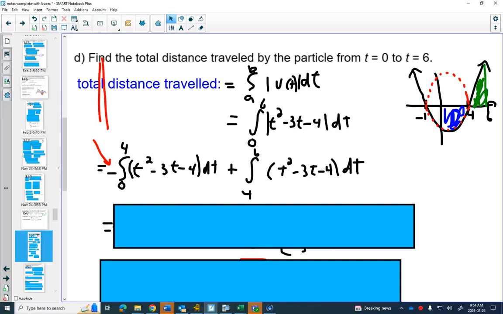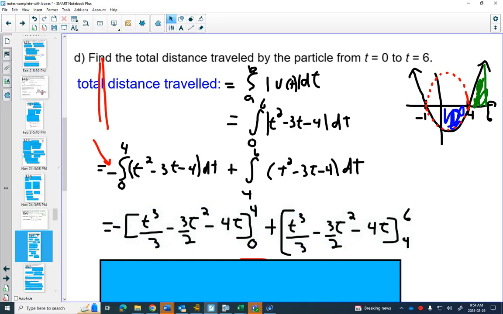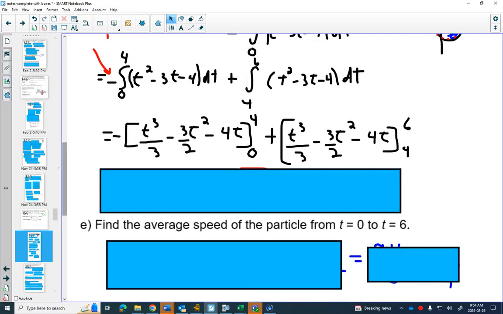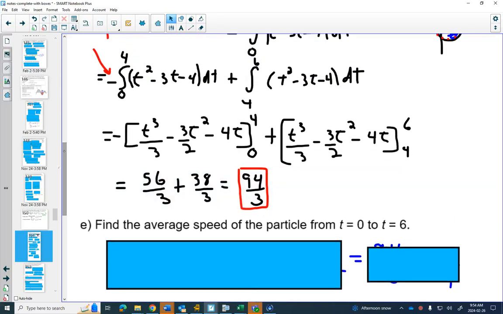And I also know that integrating with an absolute value isn't something that we're very good at, if at all. So instead, we think about integrating normally without that absolute value. Plugging in our values, getting our answers. And we get 94 over 3.